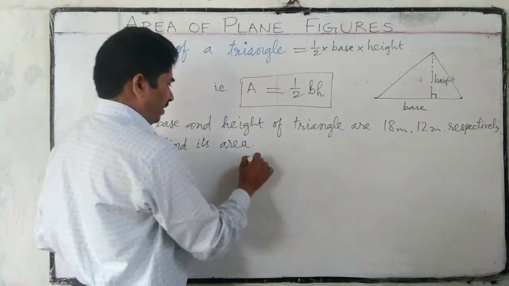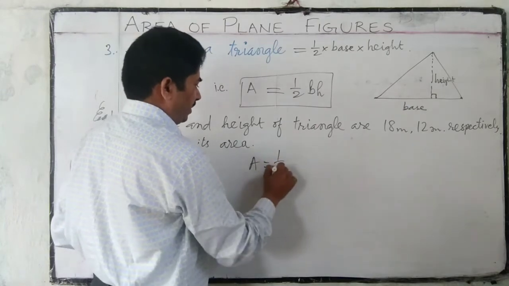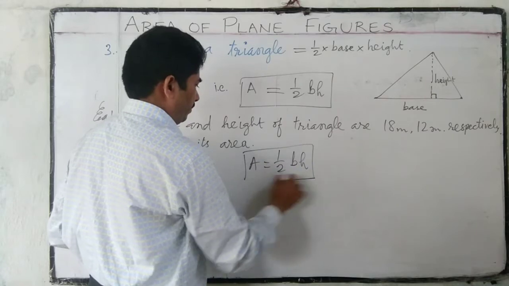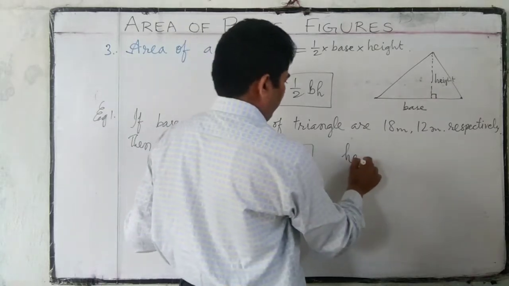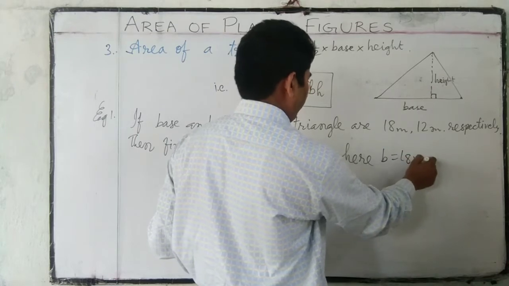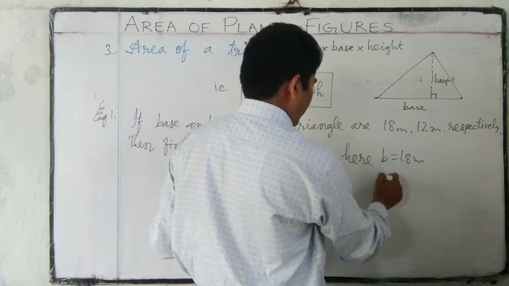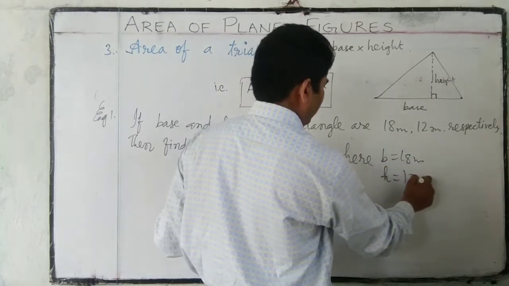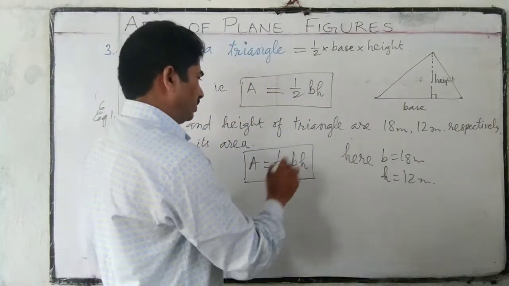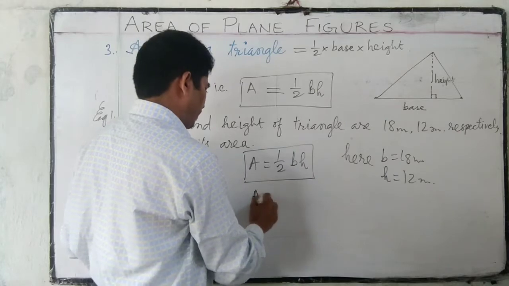To find area, we have to use this formula. A is equal to half B H. Here base B is equal to 18 meters and height H is equal to 12 meters are given. So we have to substitute those values in this formula.